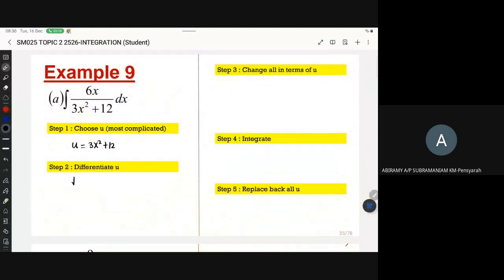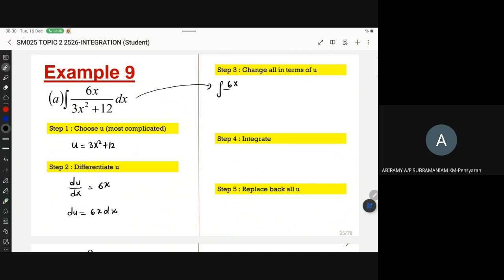You need to differentiate your u. Differentiate 3x squared plus 12, and we will get 6x. Please find out what du is. du is 6x dx. Now we are supposed to change everything in terms of u.